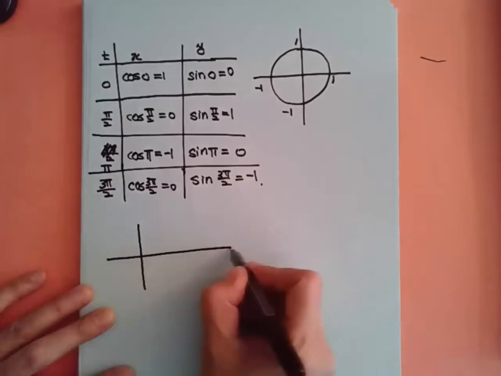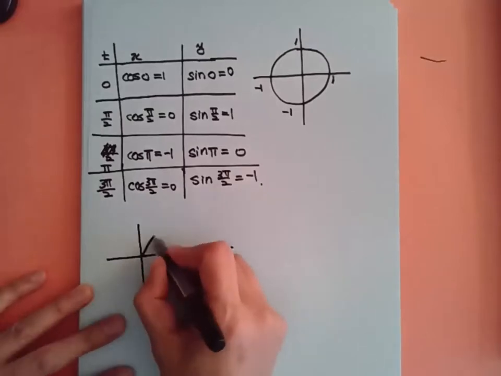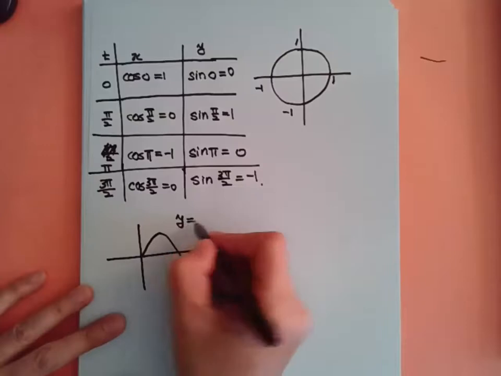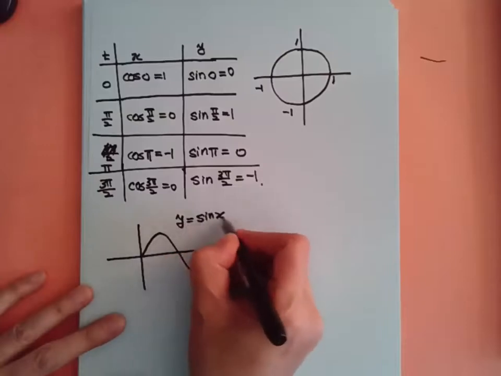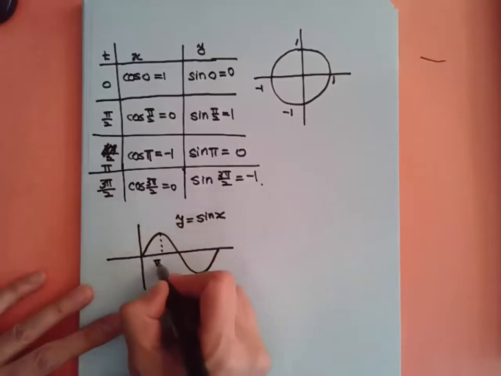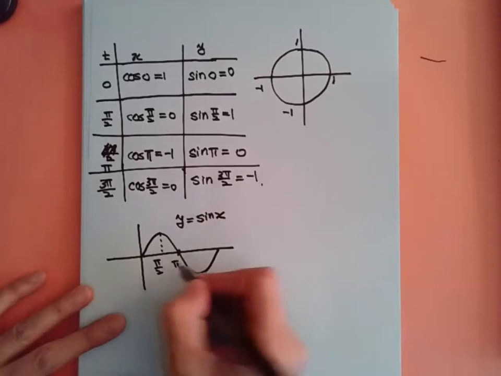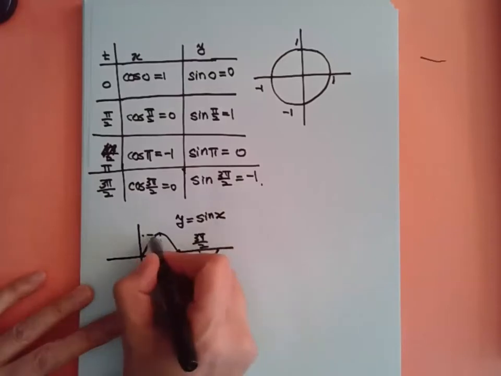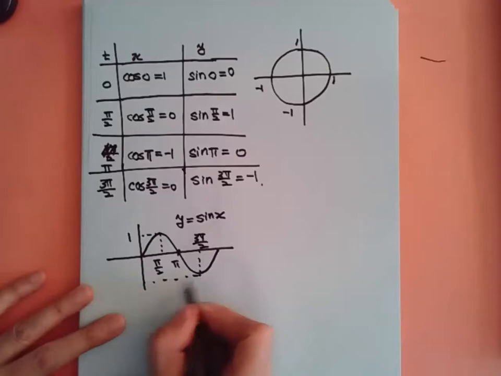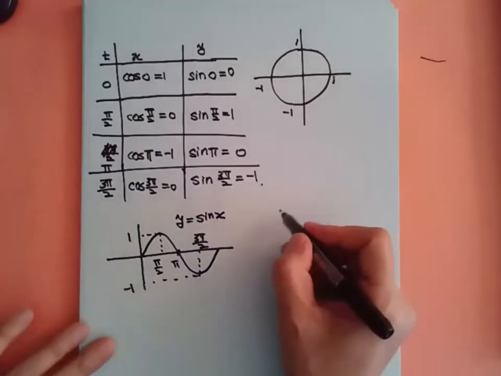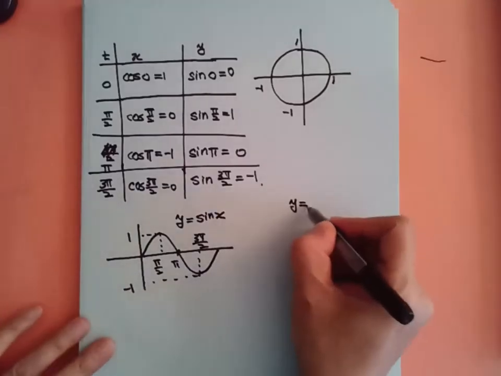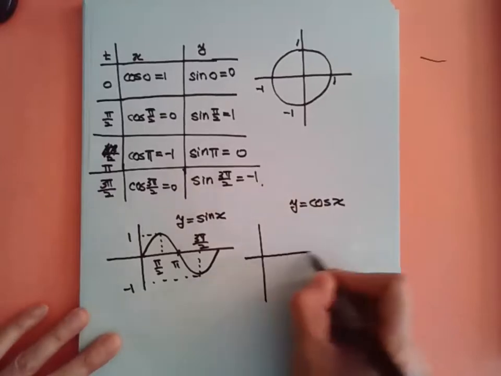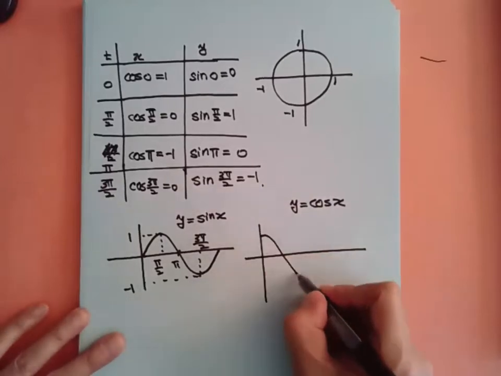So what you have to remember clearly is the graph of sine and cosine. This is y equals sine of x. This is pi over 2. This is pi. This is 3 pi over 2. The maximum is 1 and minimum is -1. The other graph you have to know from the trigonometry course is the graph of cosine.